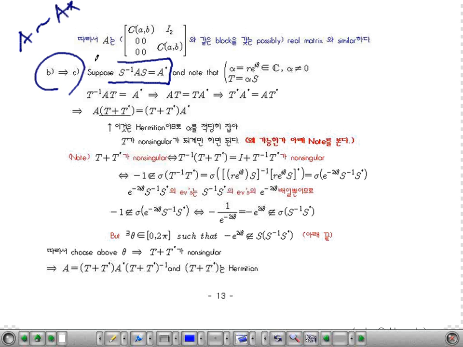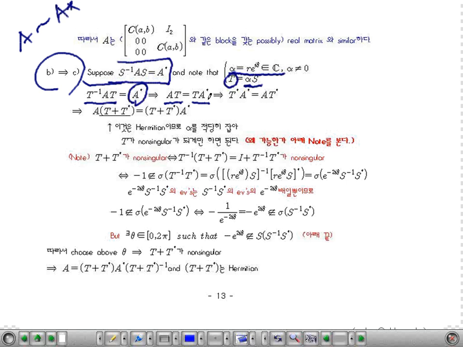So A is similar to A star, so there exists a non-singular matrix S, and we can find the alpha, which is R e to the i theta, and then use this scalar alpha to multiply on S to get a new matrix T. Then T inverse A T is also A star because they cancel each other.